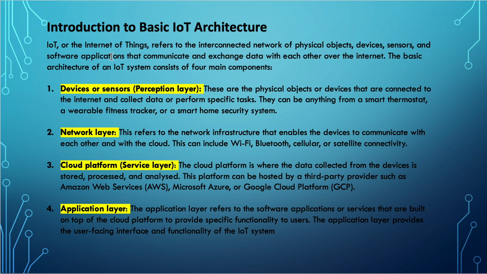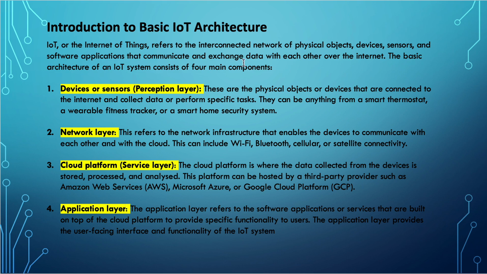IoT, or the Internet of Things, refers to the interconnected network of physical objects. We talked about this in the definition of IoT, right? These physical objects connected in a network could be devices, sensors, and software applications that are running these devices and sensors, connected in a network, right?